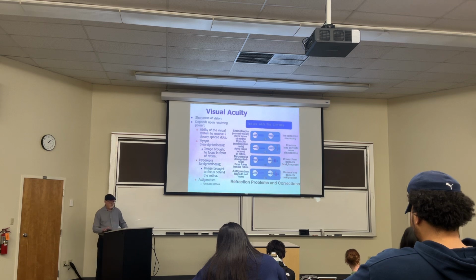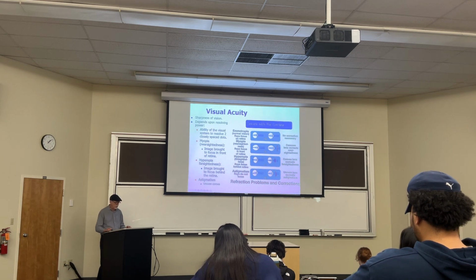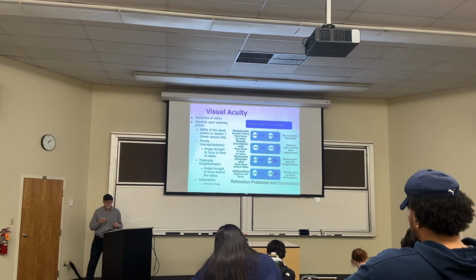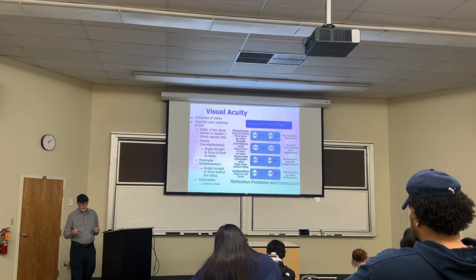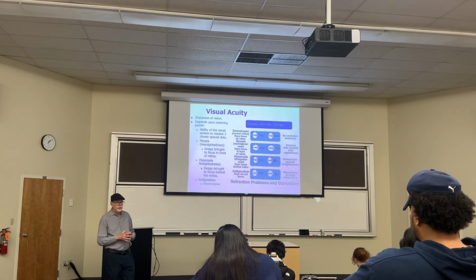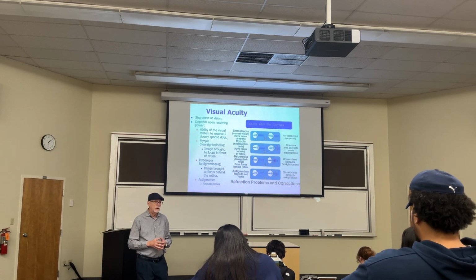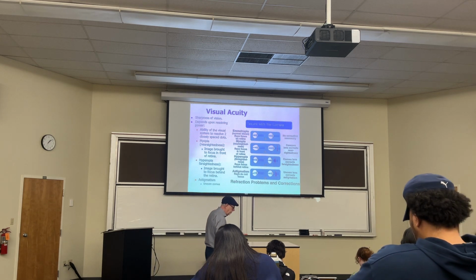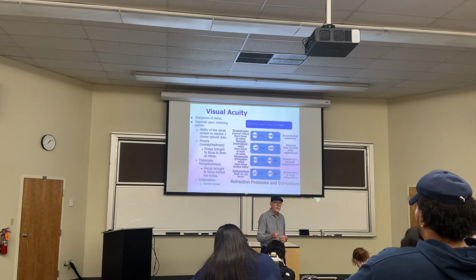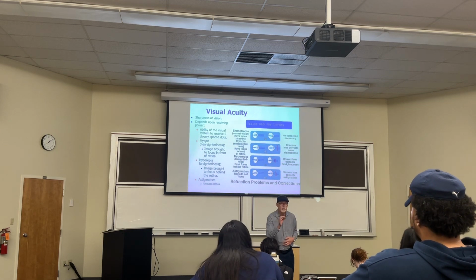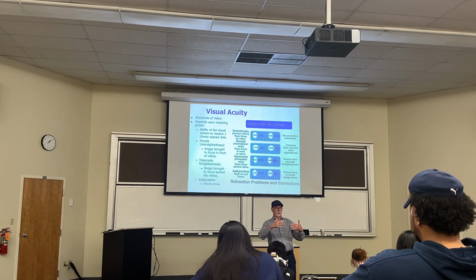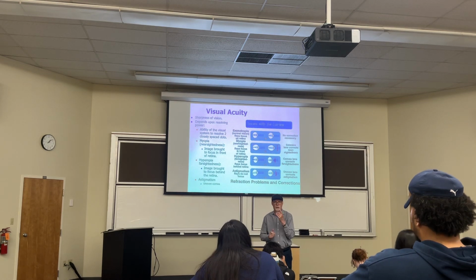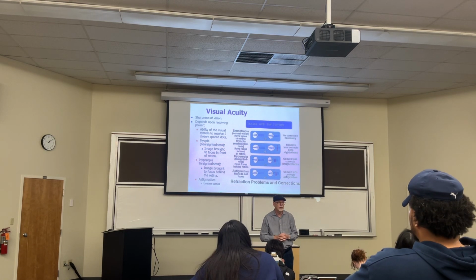If we look at some more of the issues here, we're reminded that last time we talked a bit about refraction, and that there are 4 major parts of the eye that are involved in refraction. The main structure that refracts the most, bends the light the most, is the cornea, that transparent cornea at the anterior part of the eye.